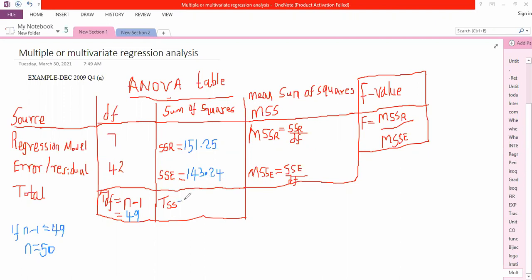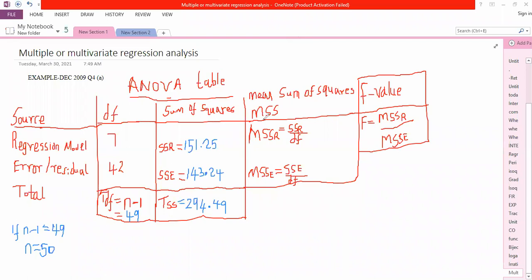You can confirm this figure given there, whether it is okay. That is 294.49. You can confirm the total. So that is our table, which goes up to that point where we are provided with the degrees of freedom as well as the sum of squares for the regression, the error term, as well as the total.